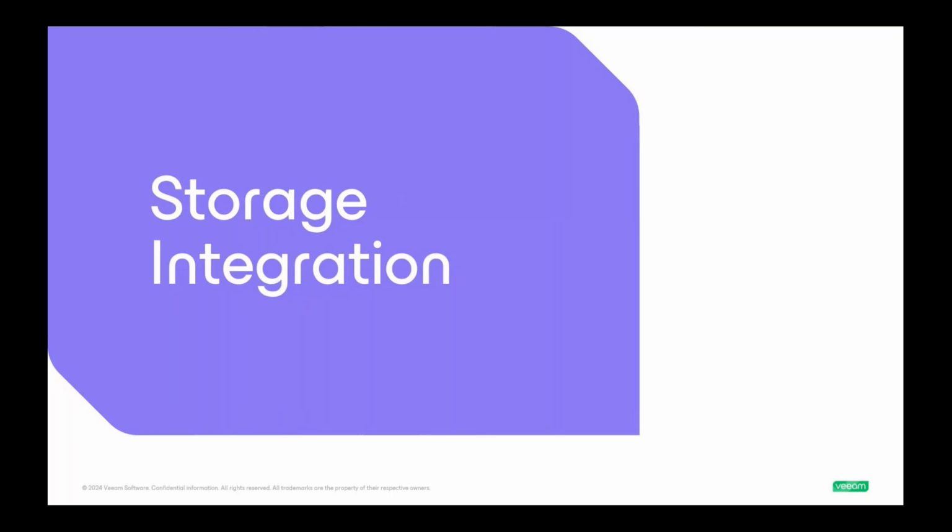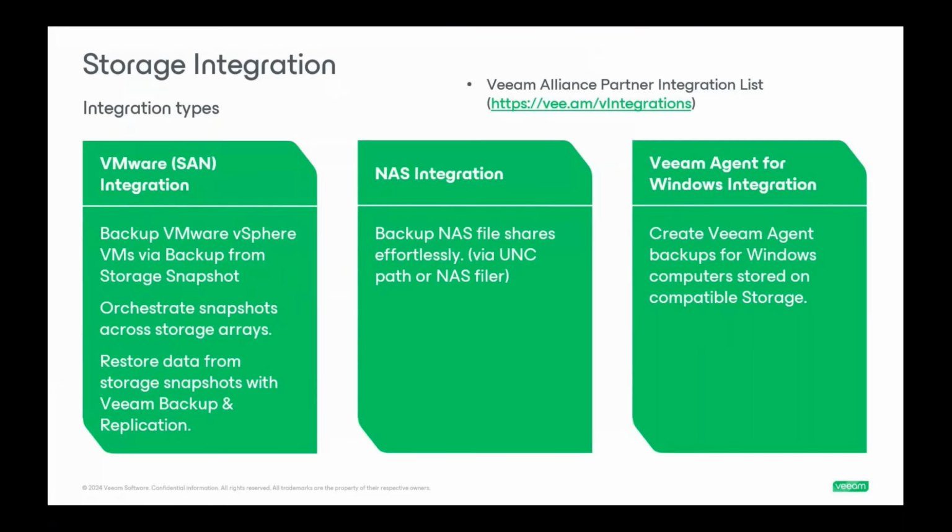All right, storage integration. I think I hinted at that earlier, with the transport modes, different ways to make it more efficient for backup and restore. This would be if the SAN that the hypervisor you're backing up from is compatible. If you go to that link, it would take you to the page that is like the directory for that, if you set the right filters.